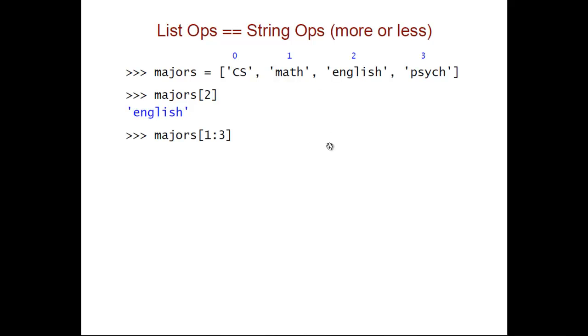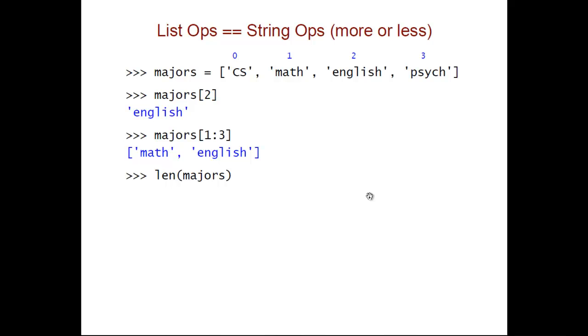I can also do a slice, so I'm saying start at position 1, go up to but not including position 3. And what we get in this case is a sublist containing element 1 and element 2 of the list.